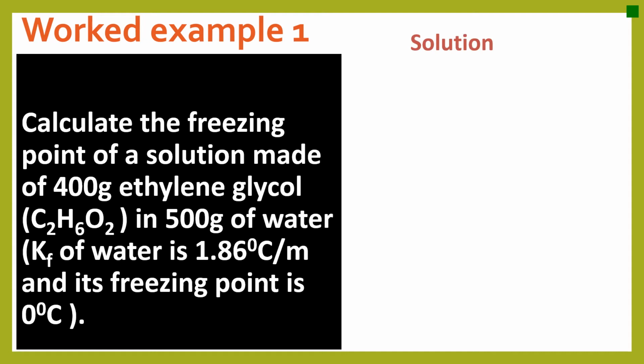To solve this problem, we use the formula for finding the freezing point depression, that is delta TF, which is equal to Van 't Hoff's factor i, times mass of the solute in grams times the freezing point depression constant Kf, divided by molar mass of the solute in grams per mole times the mass of the solvent in kilograms.